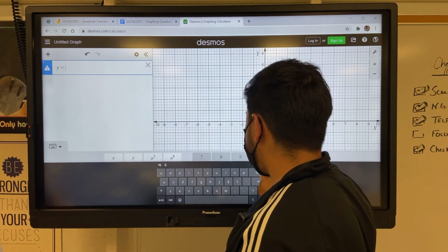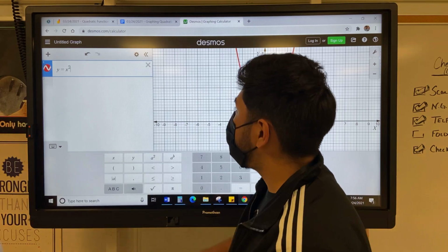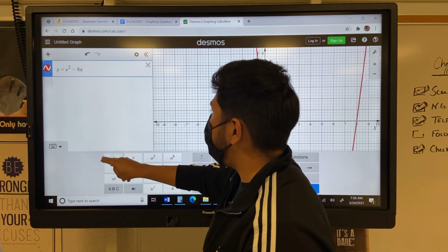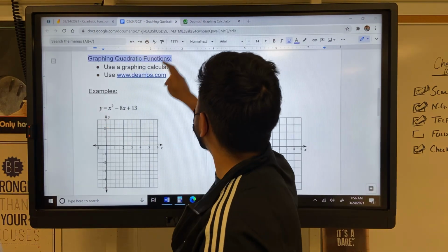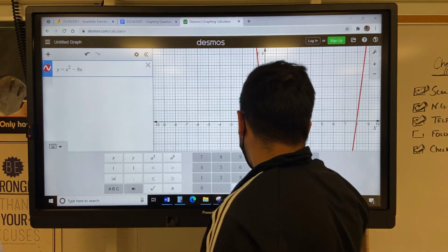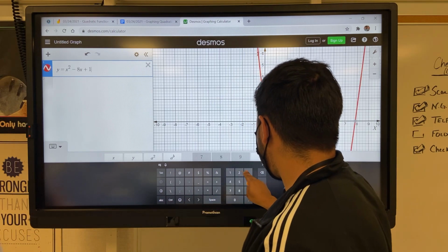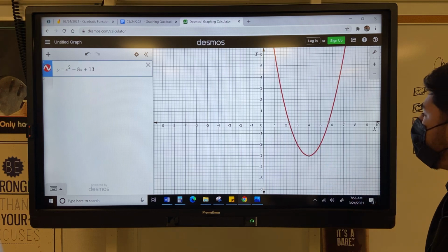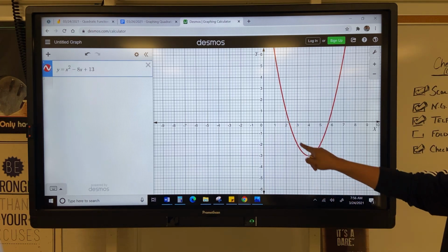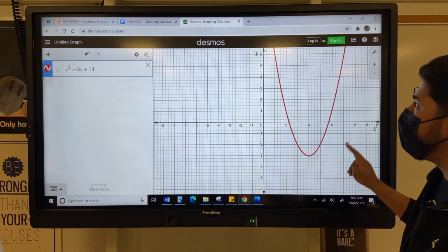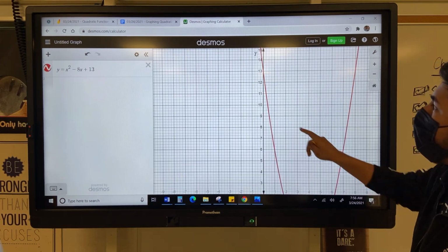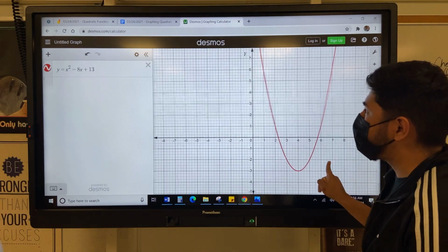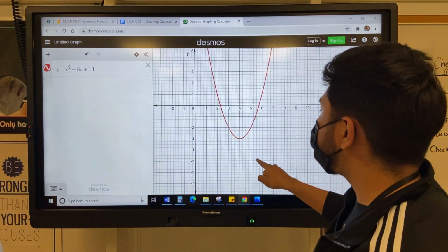It's very difficult for me just because I have 2 thingamajigs, but it's okay. See, there's my parabola. We're going to talk about all these little coordinates that popped up, but we're not going to look at them right now. There should be another coordinate over here. Boom, right there.